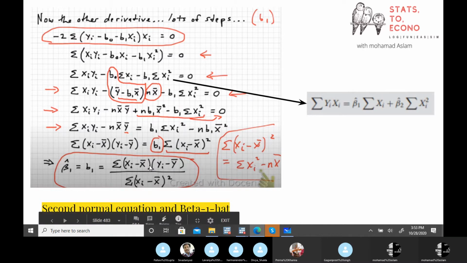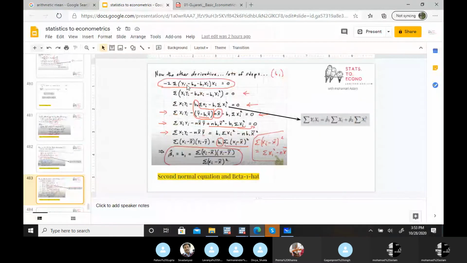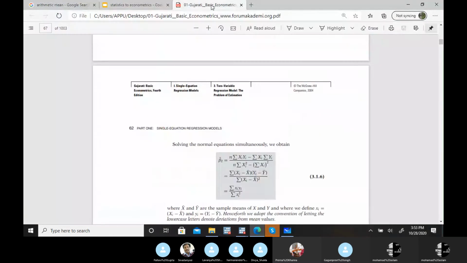So either you can go with this particular value, which is also equivalent to this other value. Means you can use any of these derivations. The beta 2 hat will remain the same.